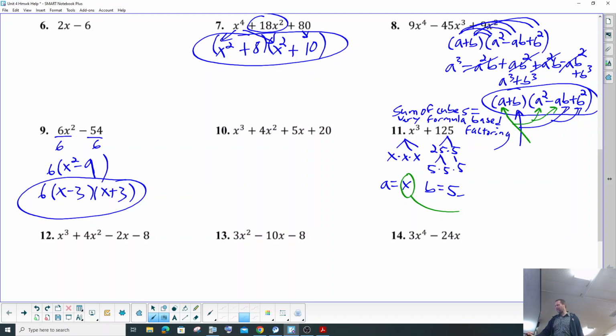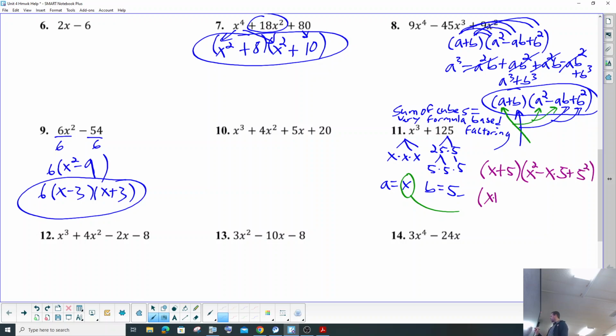Okay, so formula-based factoring. Parentheses, a is x, b is 5. A squared is x squared minus a, which is x, times b, which is 5, plus b squared.